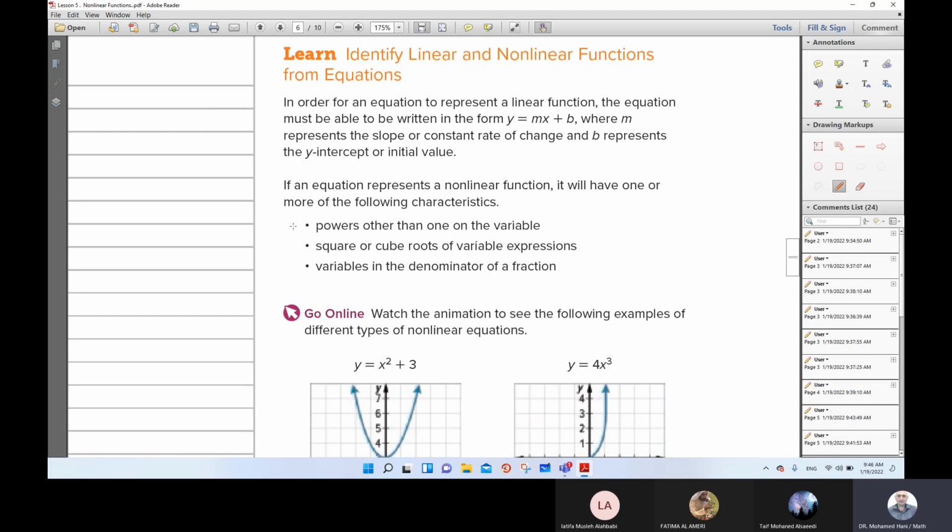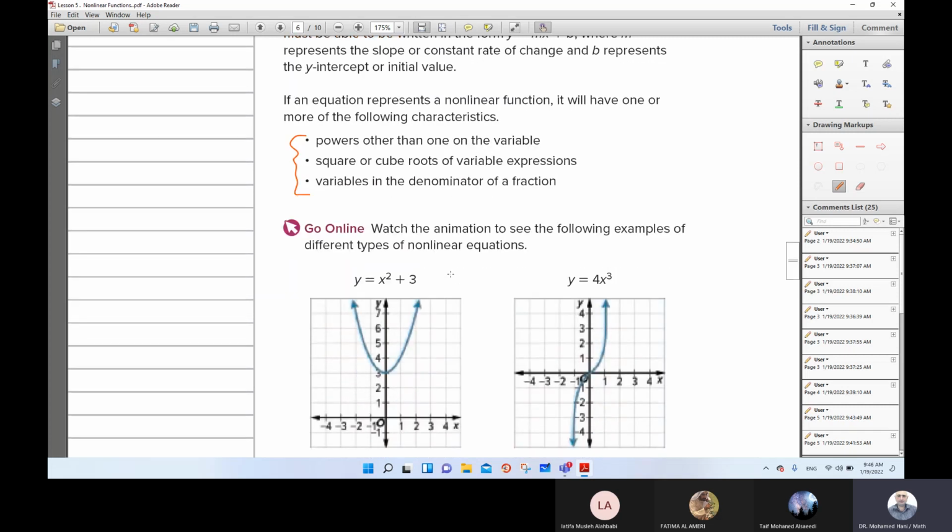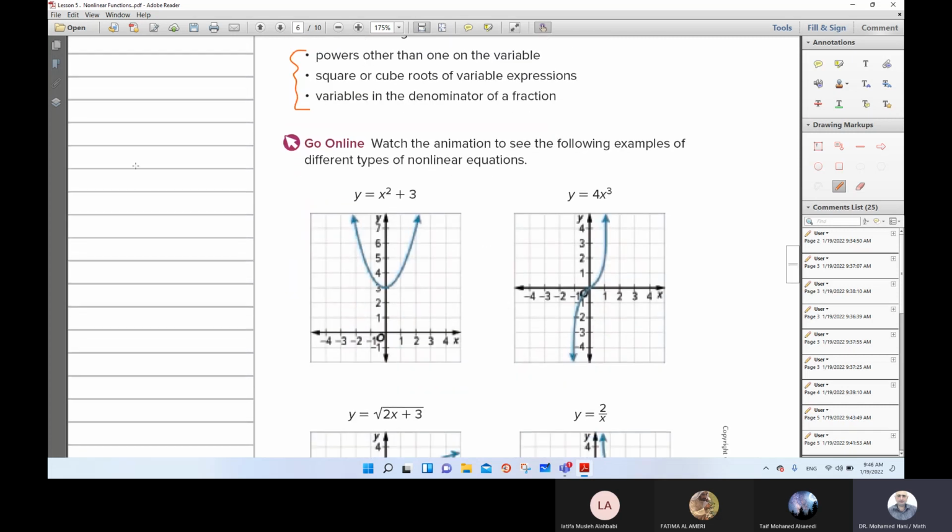If you have one of these 3 cases inside the equation, it means you have a nonlinear function. As you see here, the equation of a linear function must be y equals mx plus b.